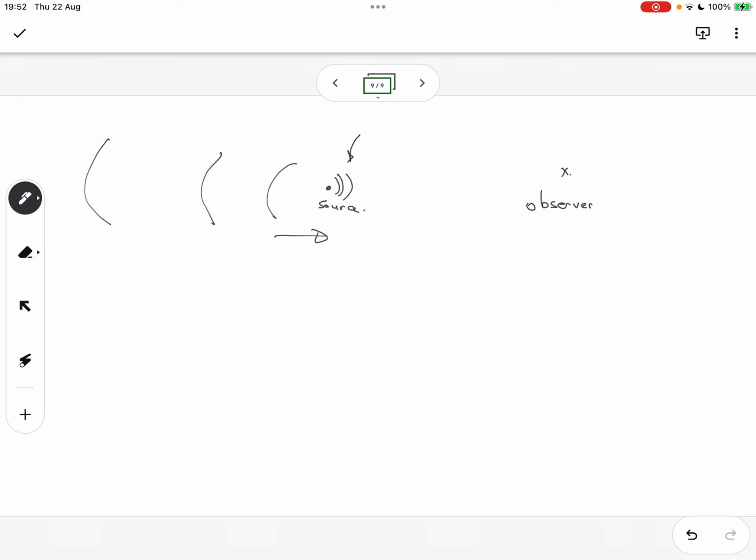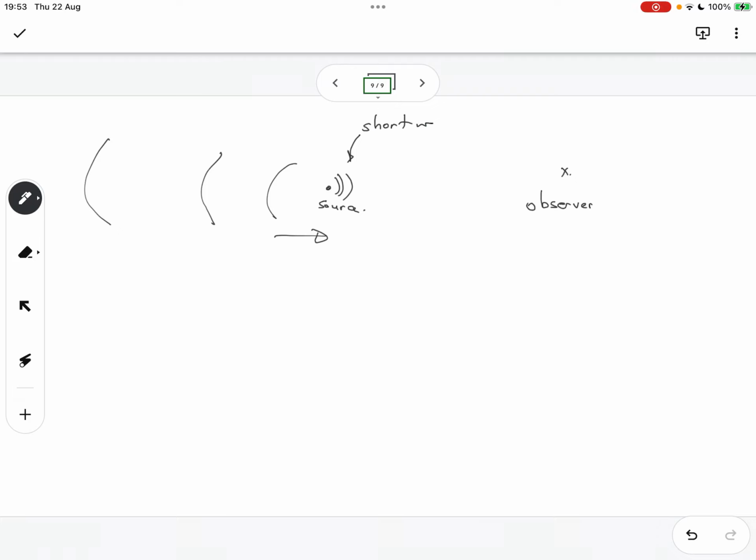So waves in front of the moving source are compressed. The observed wavelength decreases, and for the same speed of sound, a higher frequency will be observed.